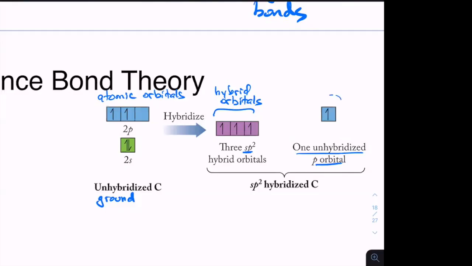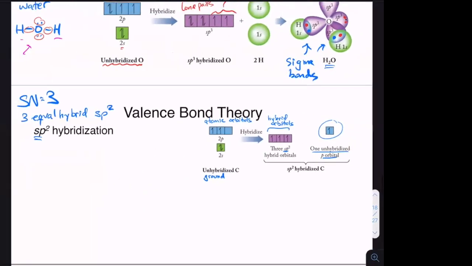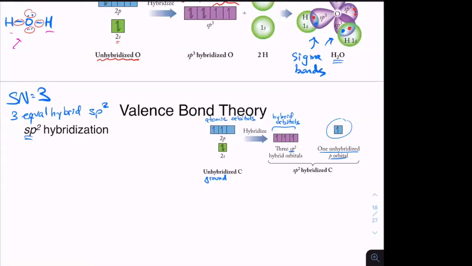All right, and that's this guy out here. Now, what does that look like from a model's point of view? So here, actually, let me write this down. We have 3 equal hybrid sp2 orbitals, and then we'll have 1 unhybridized p orbital that's left over.